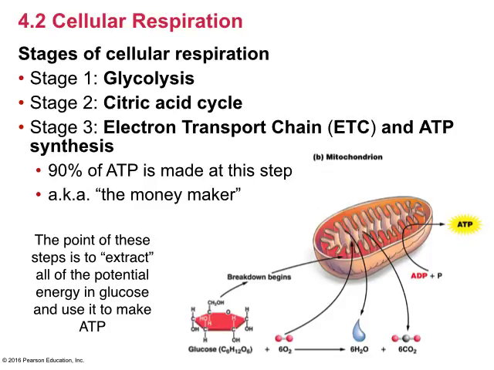Then the citric acid cycle, which happens in the mitochondria, takes these 2 pyruvic acid molecules and breaks them down even further. And then you have the electron transport chain and ATP synthesis, which is the last step, which makes most of the ATP in this pathway. So this is the money maker.